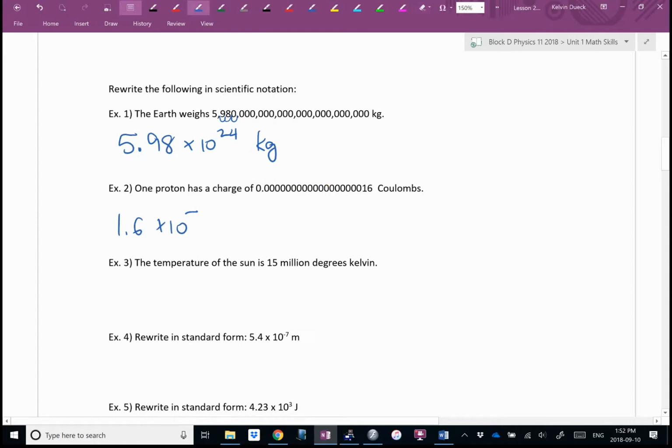I forgot the negative. 19? Coulombs, abbreviation for coulombs is a capital C. Charge is measured in coulombs, named after a scientist whose last name was Coulomb.